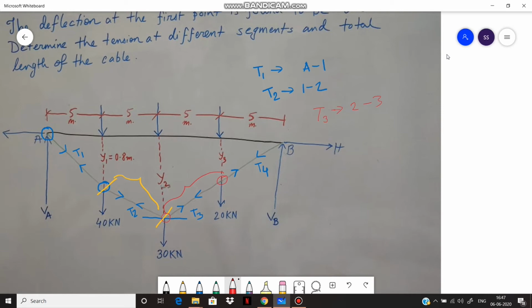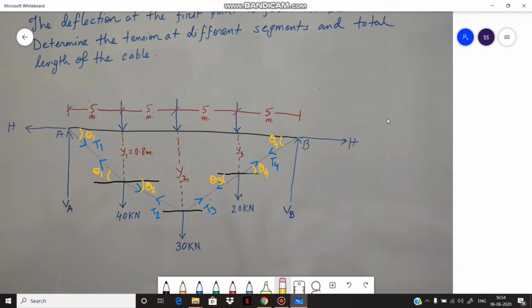And for segment 3B, that is from here to here, the tension is T4. So T4 is acting at segment 3B, that is this section. We have to calculate the values of T1, T2, T3, T4.